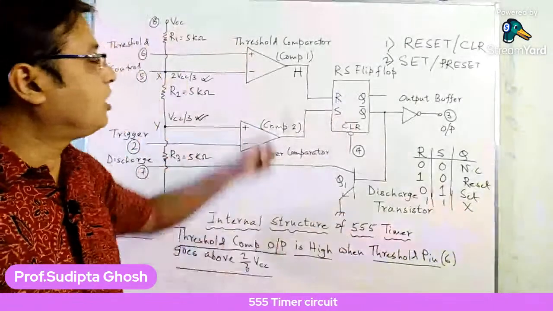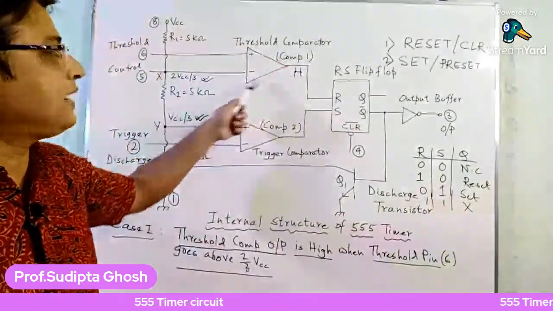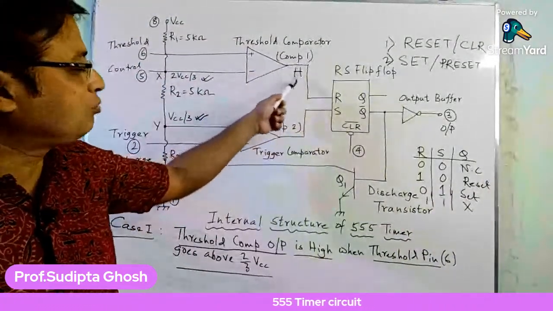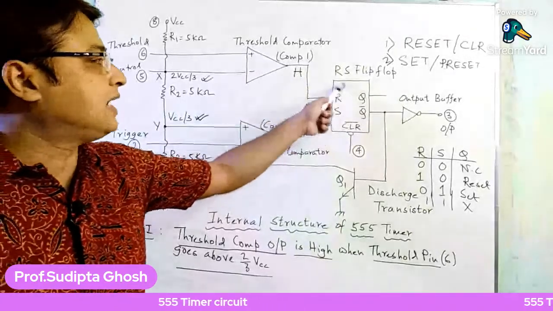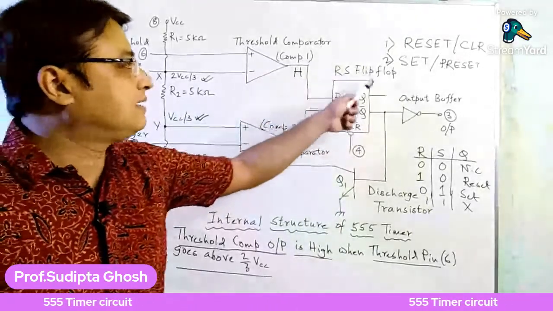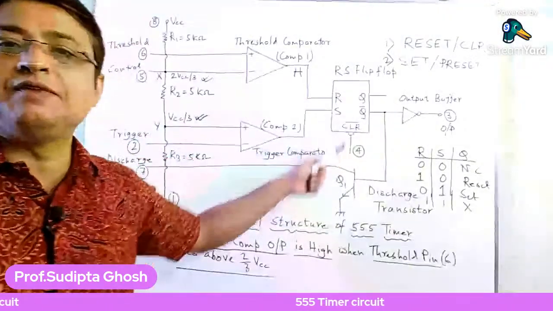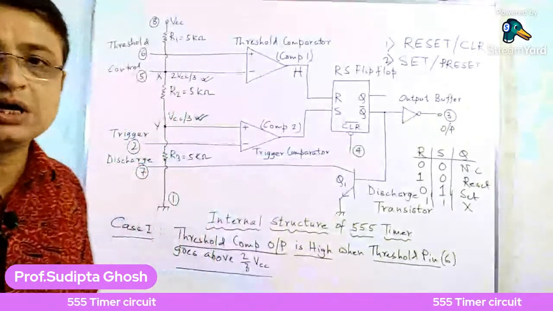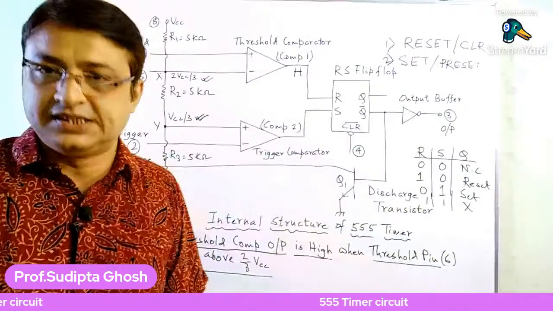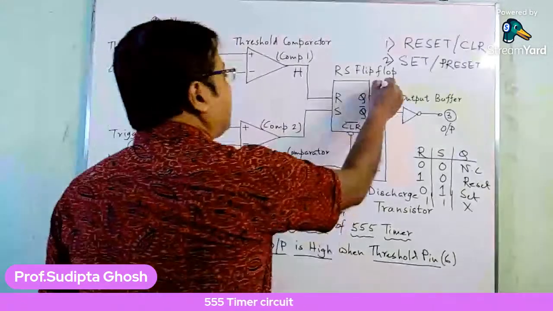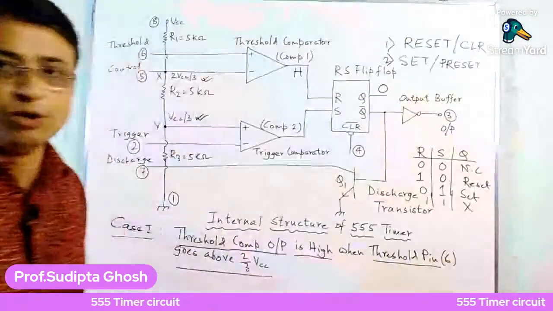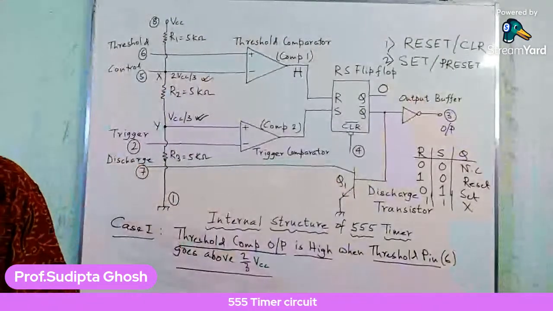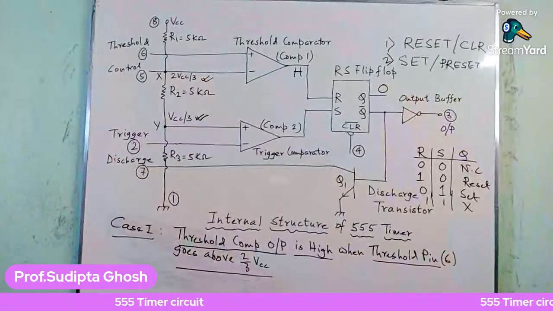So for the threshold comparator output value high, that means the R input is high, and that means this RS flip-flop goes to the reset state, and reset means 0. So the Q output of the set-reset flip-flop will be 0.